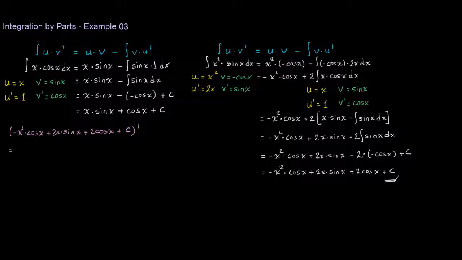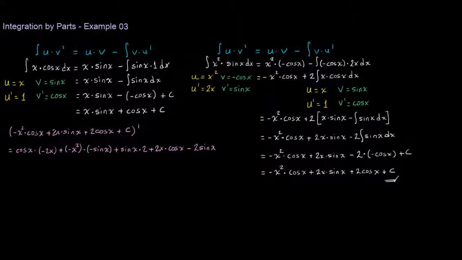Let's see. The first is going to be a product, so it's going to be cosine of x times minus 2 times x, plus, I'm going to write here with the sign, minus x squared times the derivative of cosine of x, which is minus sine of x. Then plus the derivative of the second term: sine of x times 2, plus 2 times x, the derivative of sine being cosine, then minus 2 times sine of x, which is the derivative of this term.